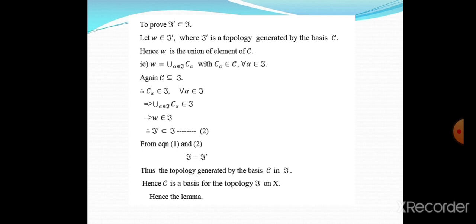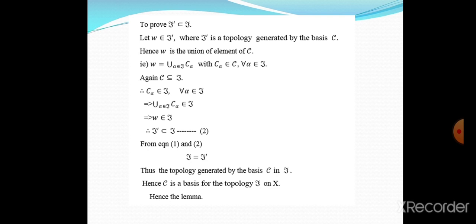Next, script C is a subset of tau, because script C is a basis. By the definition, script C being a basis means that script C is a subset of the topology. Therefore, C alpha belongs to tau for all alpha.